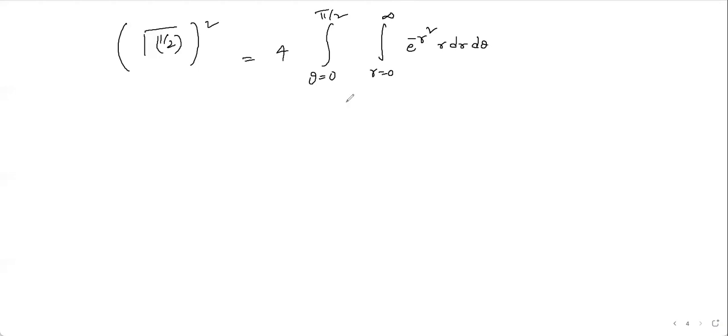We can separate it as the integral of theta from 0 to pi by 2 d theta, multiplied by the integral of r from 0 to infinity of e to the power of minus r square r dr.